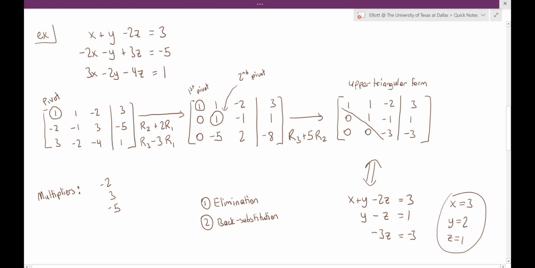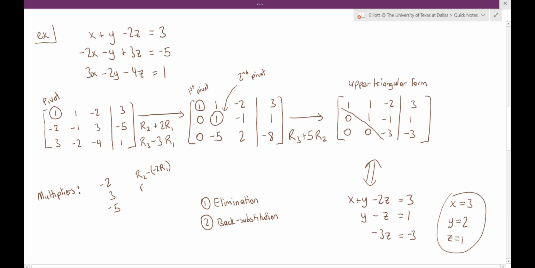The reason why is because in your textbook, all row operations are done using subtraction. So the first row operation, row 2 plus 2 row 1, if you write it as row 2 minus -2 row 1, the textbook says that this -2 is the multiplier.